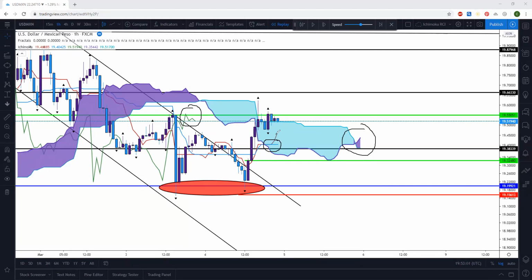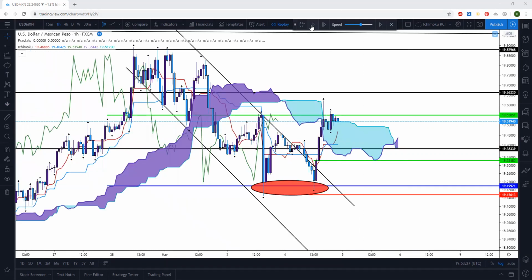You don't really need to watch Tenkan-sen. Tenkan-sen and Chikou span A are the leaders in the movement. All right. So these are going to be ahead of the other ones. All right. Go ahead and play. Keep your eyes on those.